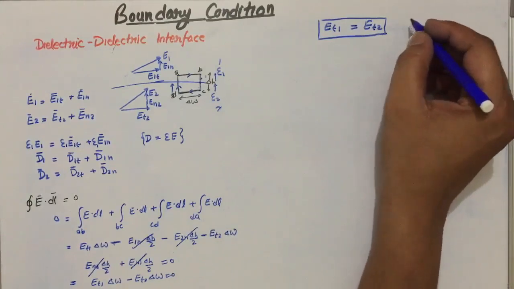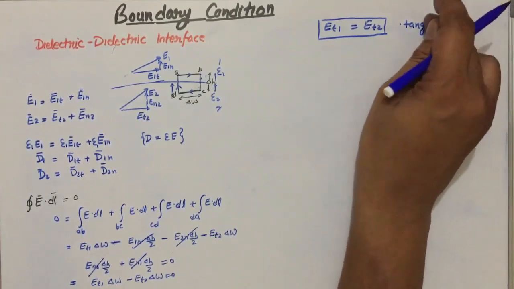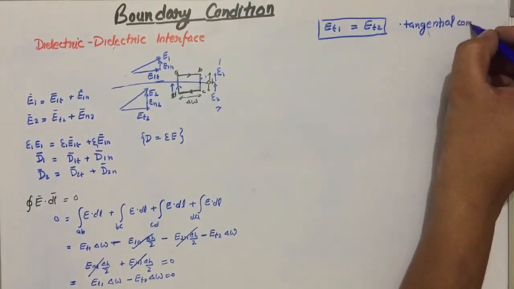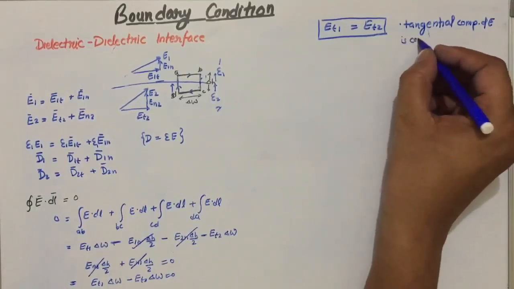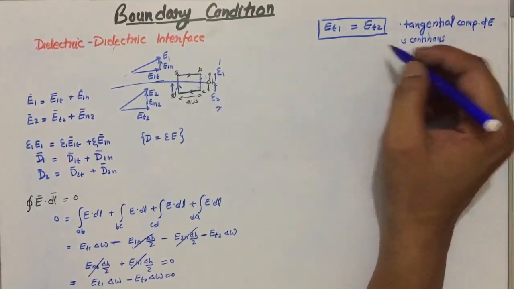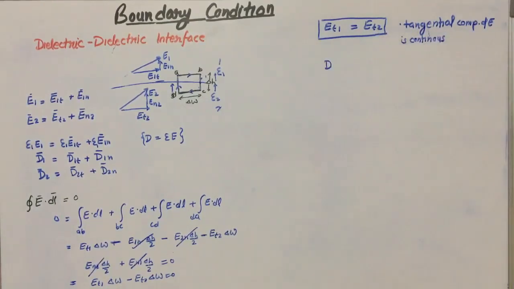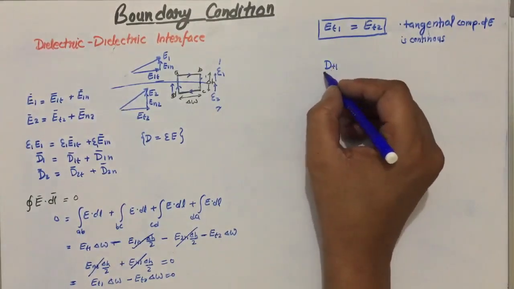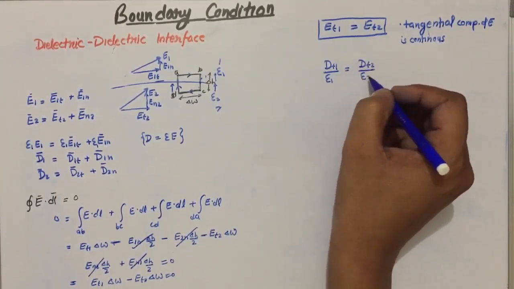So you can write one sentence: tangential component of E is continuous in case of changing the medium. Okay, you can write Dt1 by epsilon 1 is equal to Dt2 by epsilon 2.